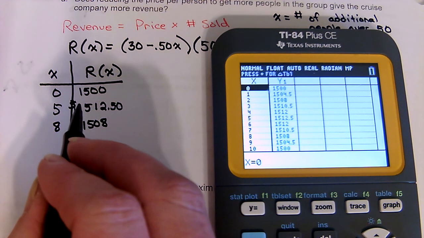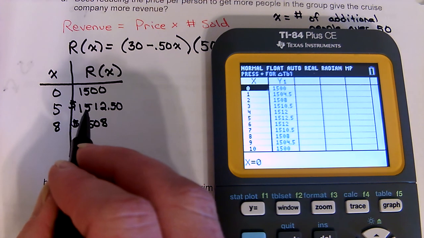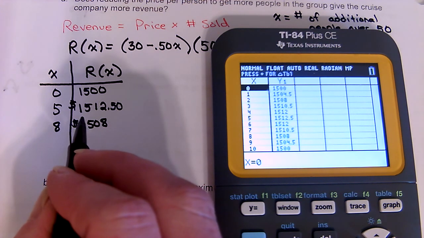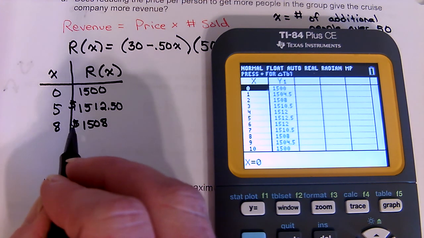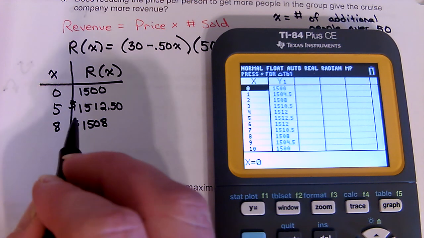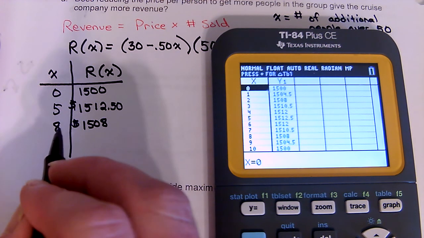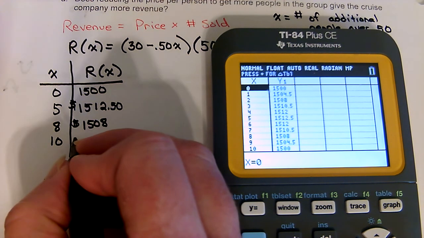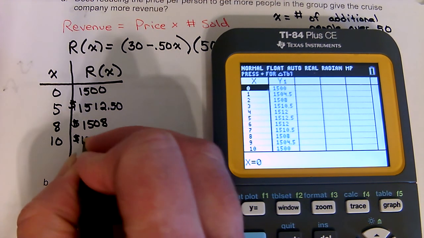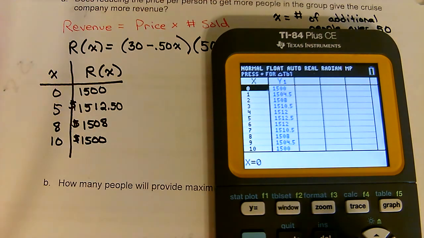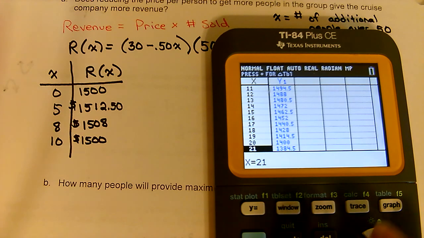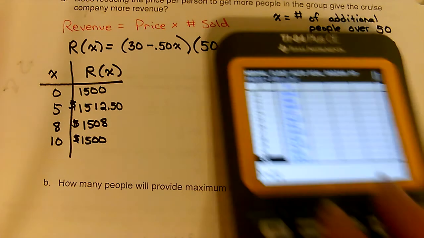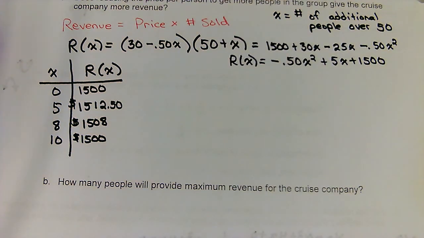So the revenue goes up, but then it starts going back down, right? At 10 extra people, we're back at $1,500 for revenue. Let's see what happens after that. Ooh. It starts to lose money.